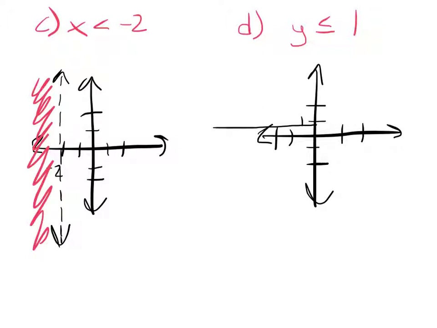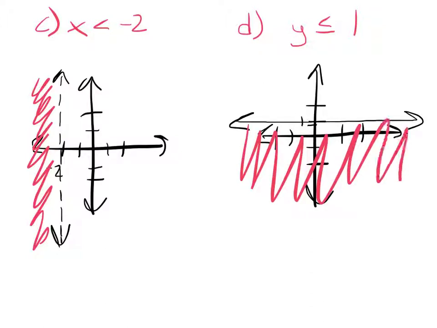Let's try that again. There we go. And now it says that y is smaller than 1, so I'm going to shade in everything smaller than 1. And there you have it.